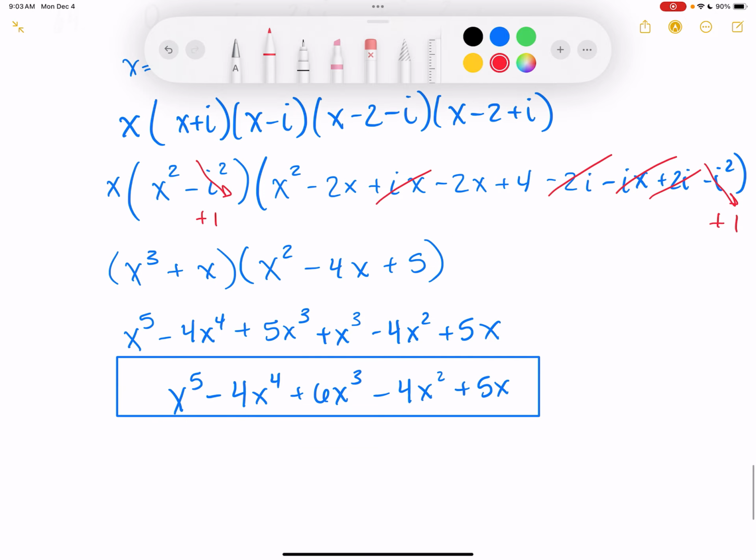And then I just superfoiled all of that to give me what's written here. And then I only had one term I had to actually simplify to give me the x to the fifth minus 4x to the fourth plus 6x cubed minus 4x squared plus 5x. Any questions?